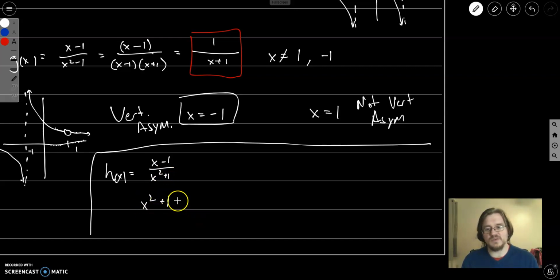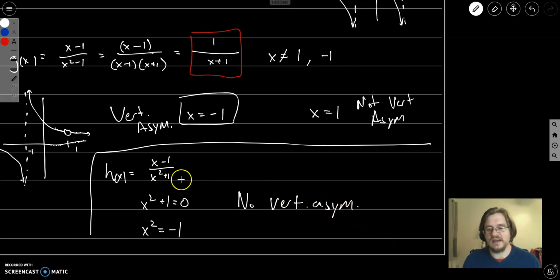If I take x squared plus 1 and try to set that equal to 0, I can move the 1 to the other side to get x squared is equal to -1. Well, no real number squared is equal to -1, other than imaginary numbers. So there is no place where the bottom of this fraction will be equal to 0. So this has no vertical asymptotes, essentially because I'm never dividing by 0 in this function.